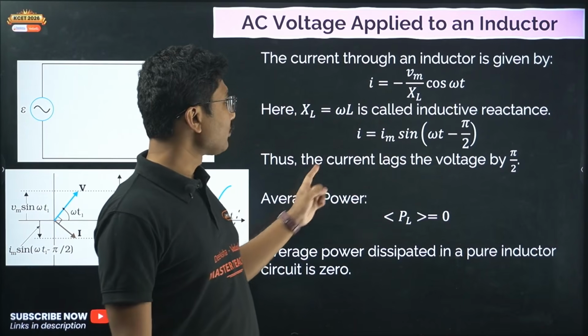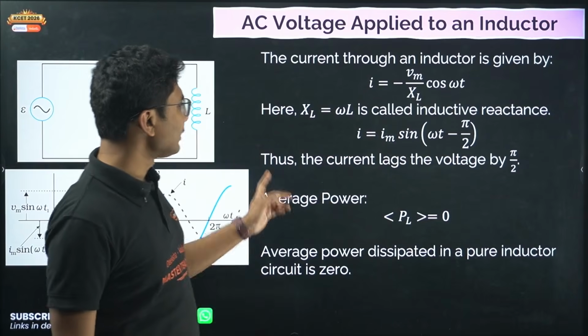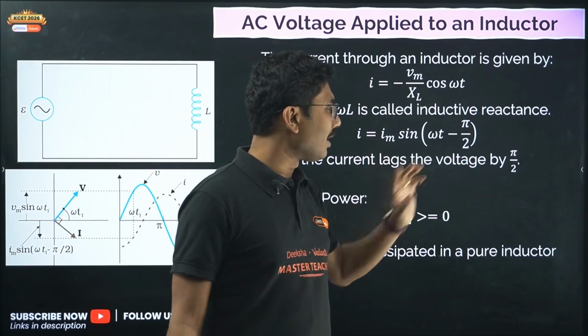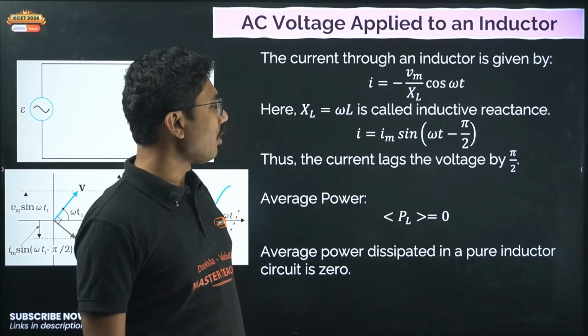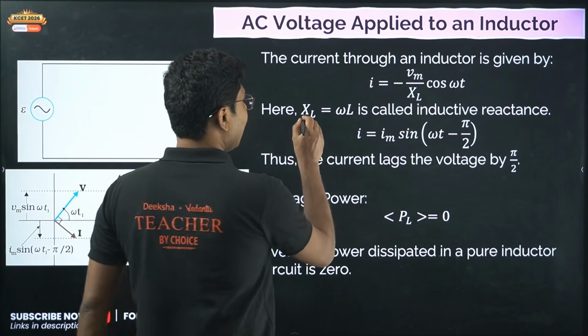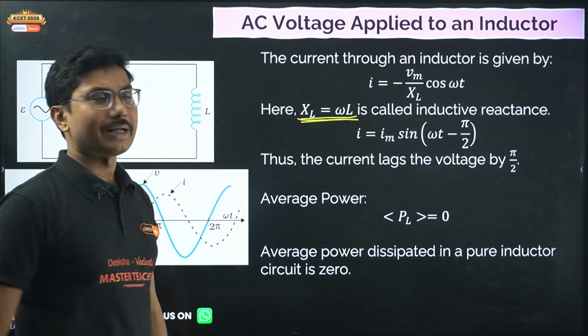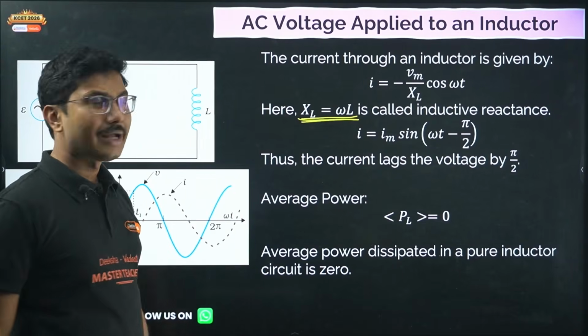Thus the current lags the voltage by an amount of pi by 2, and XL equals omega L. This is very important. XL equals omega L, or XL equals 2 pi f into L.